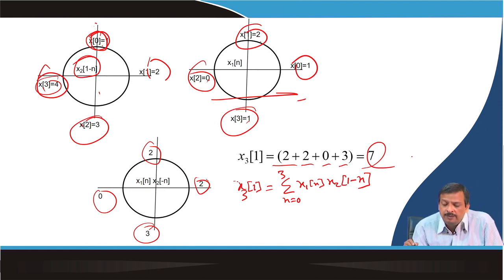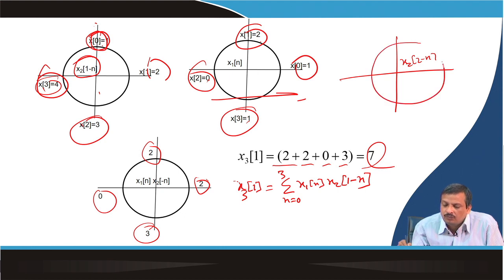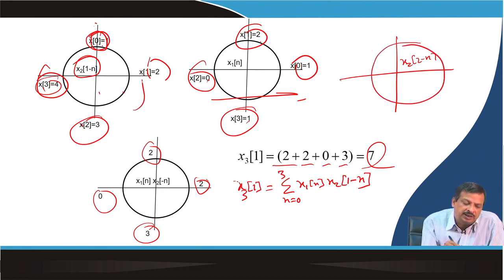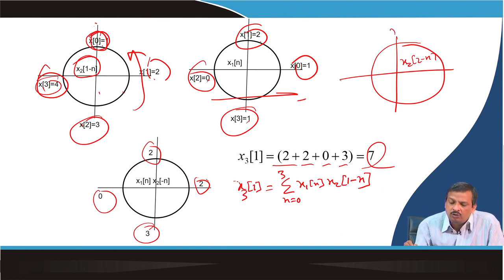Now, let's say I want to draw x2 2 minus n. So this will be shifted further in this direction. So this one will go to here. So x2 1 will be 2. So this will be 2, this will be 1, this will be 4, and this will be 3.